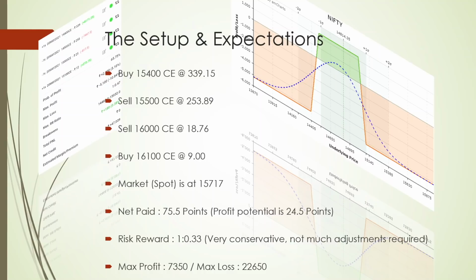And the maximum loss, since the risk reward is 0.33, so when the profit is 1, the risk will be 3 times higher, so it will be 22,650. 22,650 is what max we will lose if the market expires at or above 16,100, or at or below 15,400. So this is what we are expecting now. This is a very conservative condor.